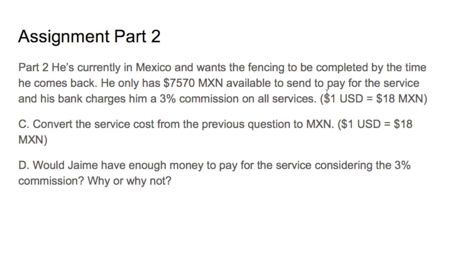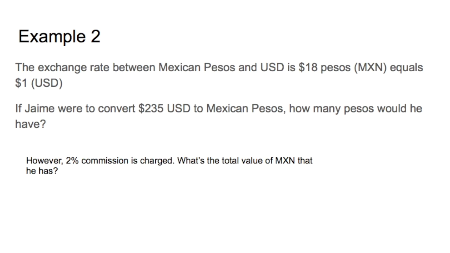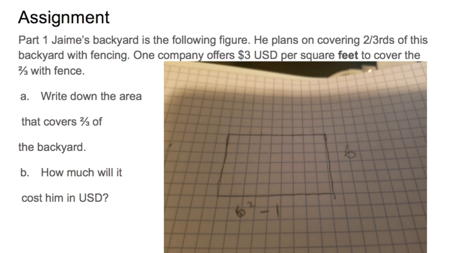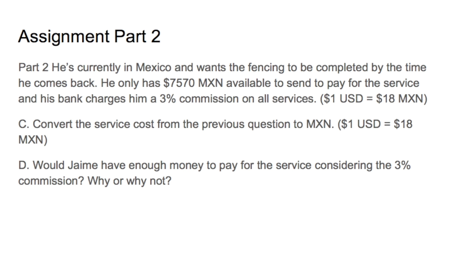So like we've practiced before in the example, we know that 1 US dollar equals 18 Mexican pesos. So now you would have to convert this and figure out if he would have enough money to pay with 7,070 Mexican pesos according to the 3% commission.